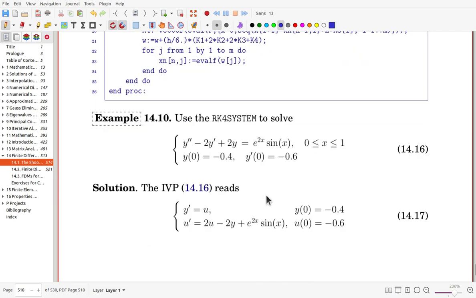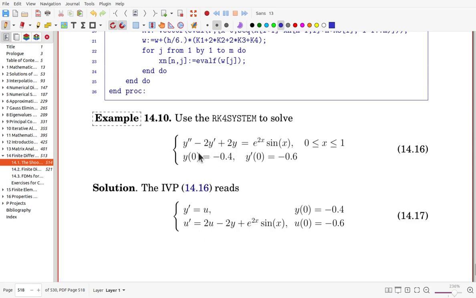Okay, let's try to solve this second order equation, which is now an initial value problem. At 0, the value and slope are given. For this one, we introduce a new variable u to be y prime, then u prime must be here.